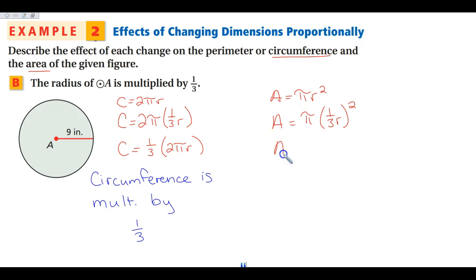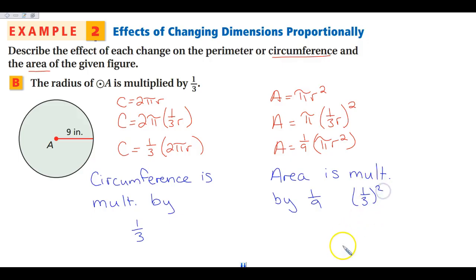So remember, that means my 1/3 is squared and my r is squared. When I square that 1/3, I'm going to get 1/9 times pi r squared. So my area is going to be multiplied by 1/9, which again, notice is 1/3 squared.